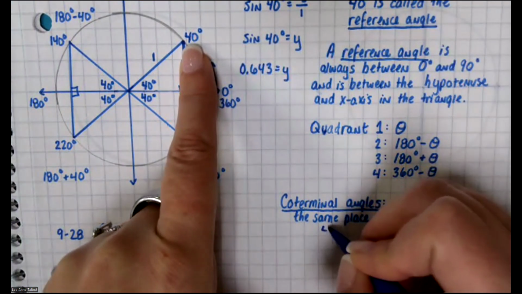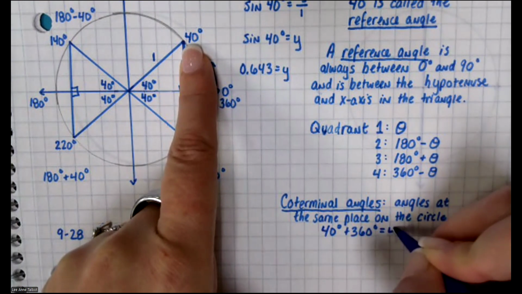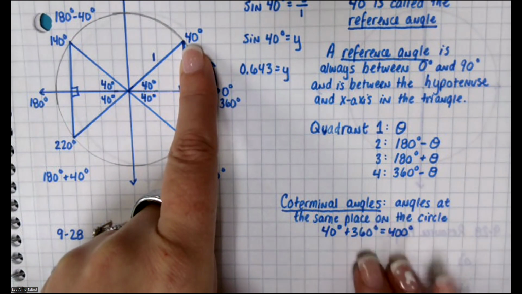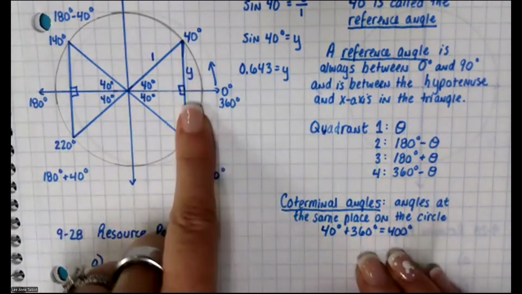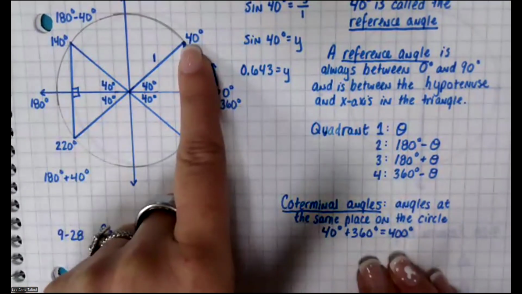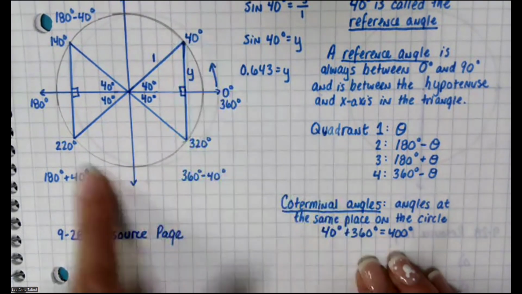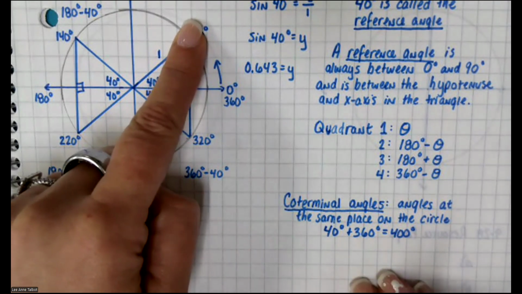So for example, 40 plus 360 equals 400 degrees. This is reminding you that it goes forever to infinity. Add 360, add 360, add 360, add 360. You could also go the opposite direction. Go 40 minus 360. That would be a negative 320 degree angle.